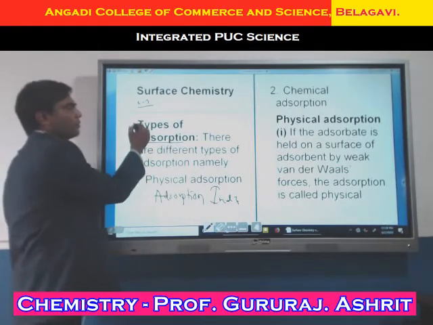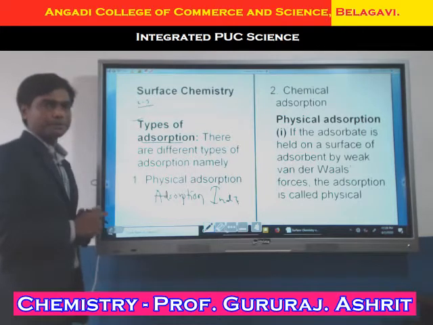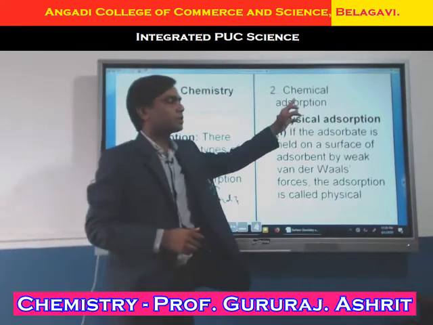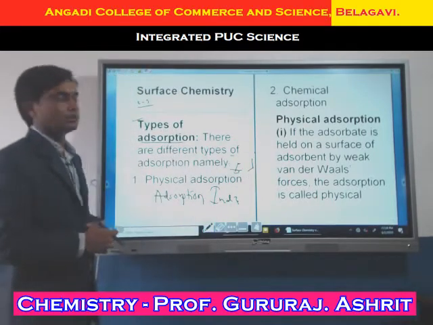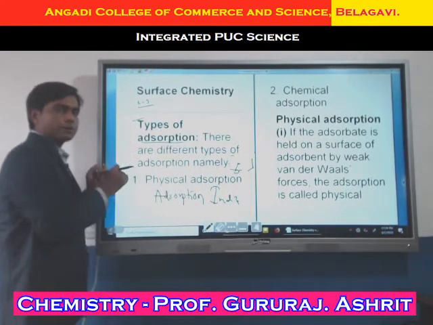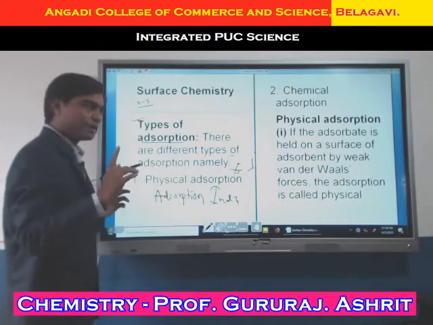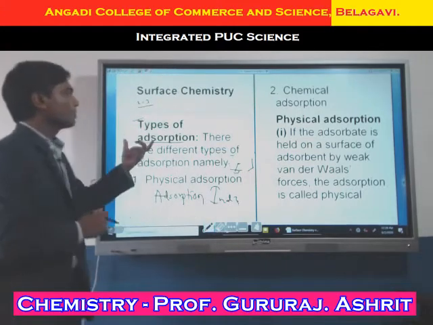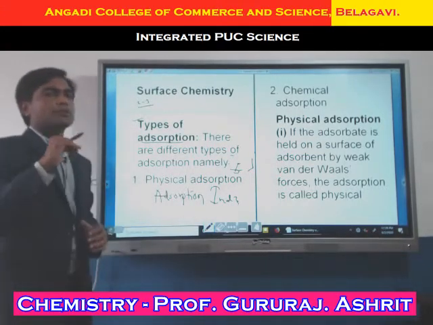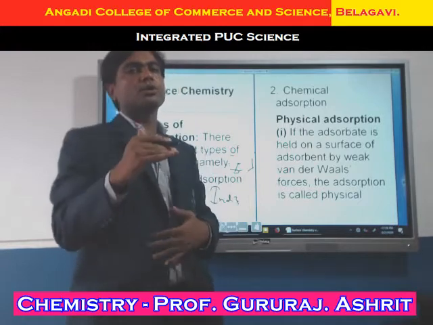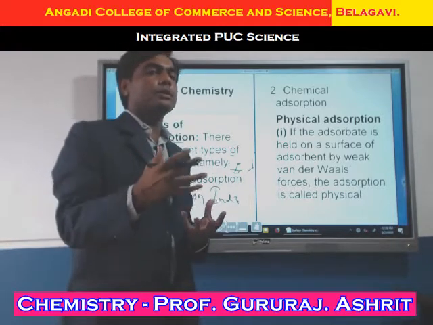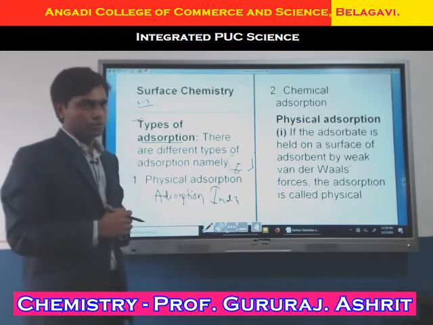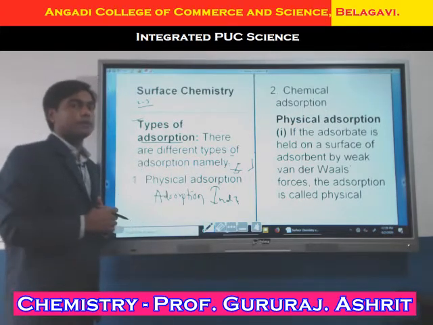Now we go for the classification of adsorption. There are two types of adsorption. The first is physical adsorption, the second is chemical adsorption. I started this concept directly because at least one question will be asked on the basis of physical and chemical adsorption. What do you mean by physical adsorption? The process in which the adsorbate molecules are held on the surface of a solid or liquid with weak van der Waals forces of attraction is called physical adsorption.